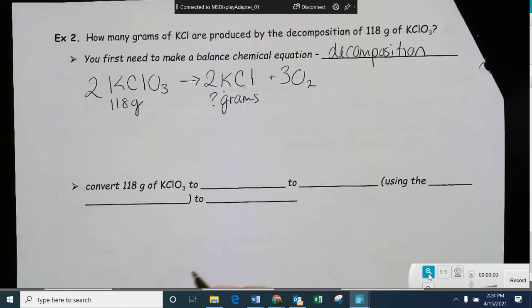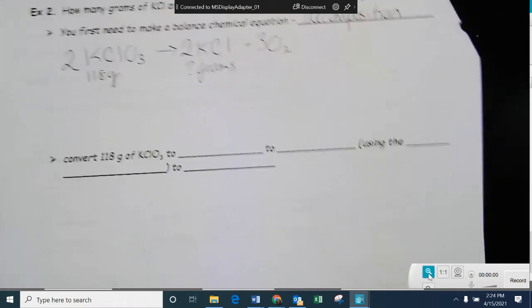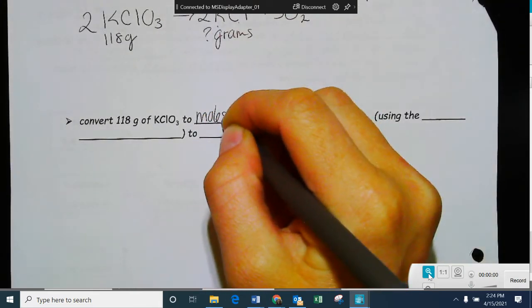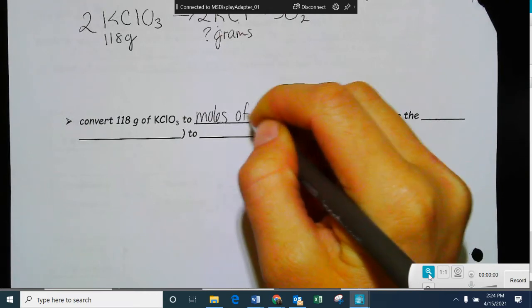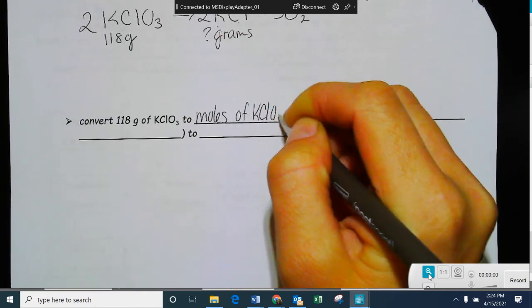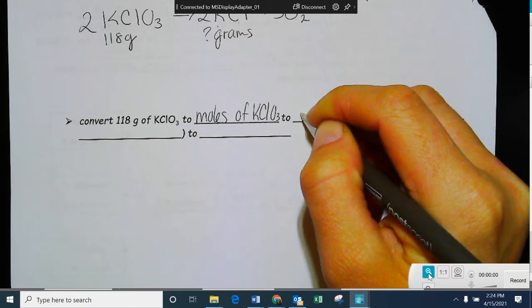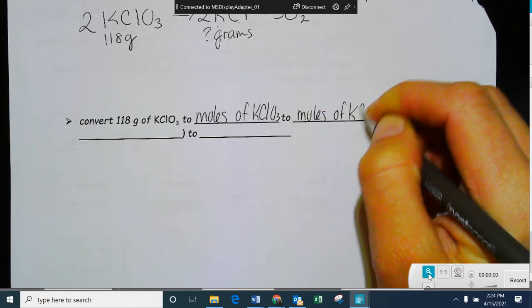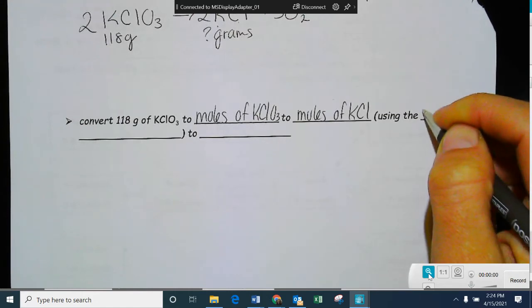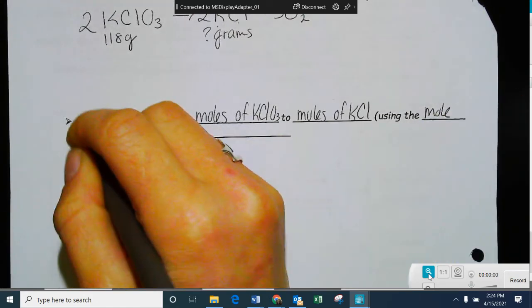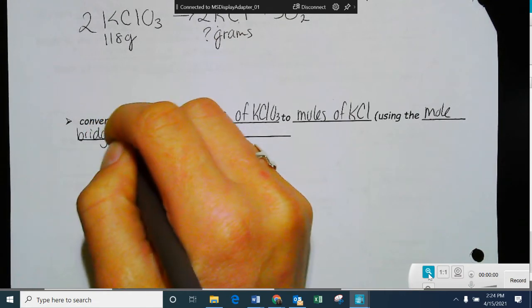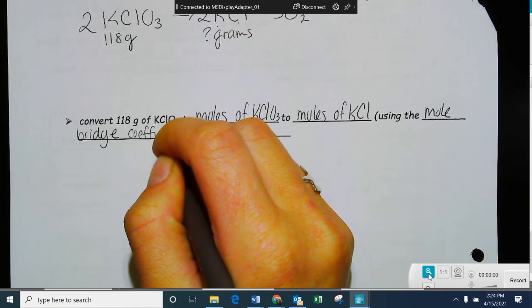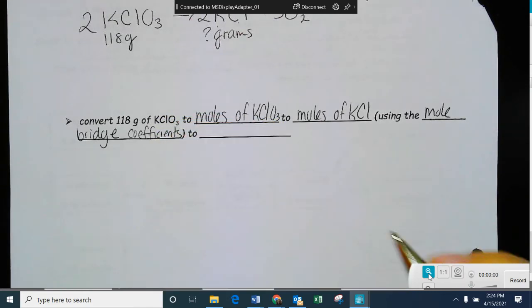All right, so we're converting into moles. And then to moles of KCl using the mole bridge coefficients.